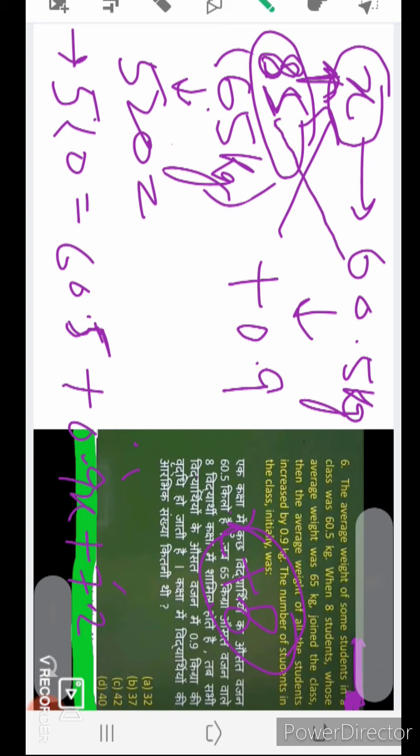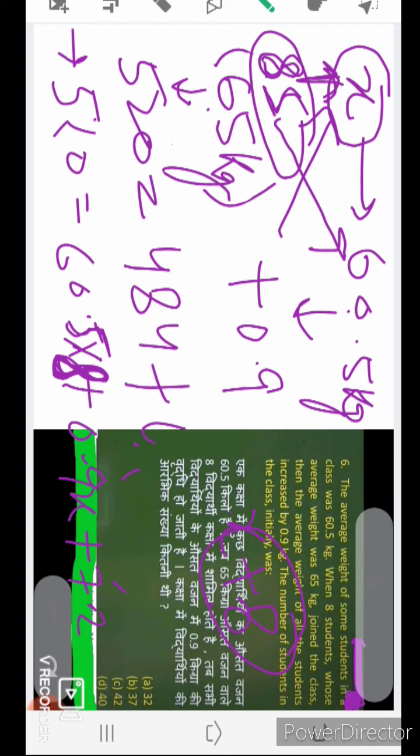So when you cross multiply here, 8 students, so 60.5 into 8 will come here. Please correct this, here it will be 60.5 into 8. 60.5 into 8 is actually 484. Okay, 484. Alright.